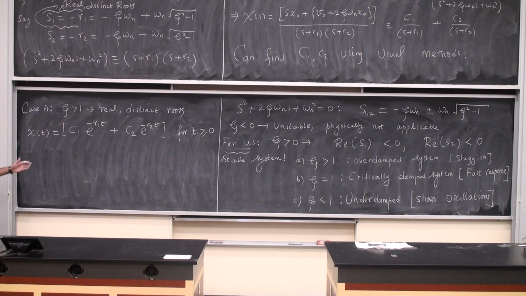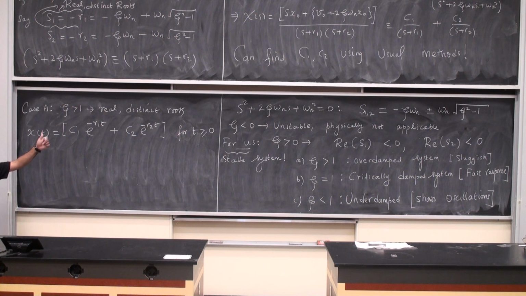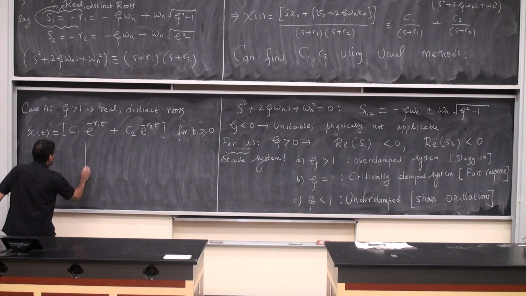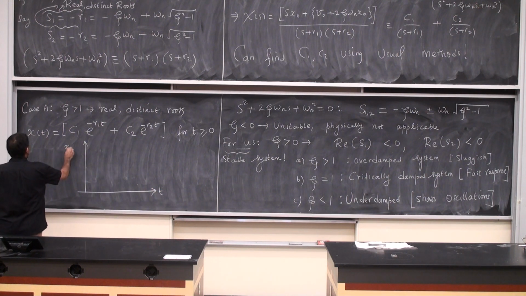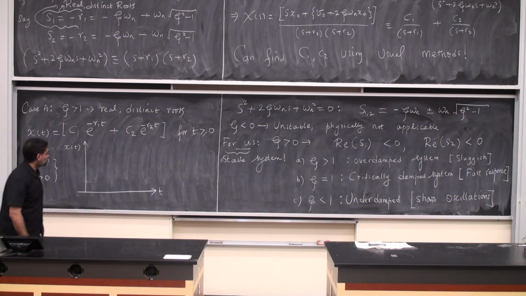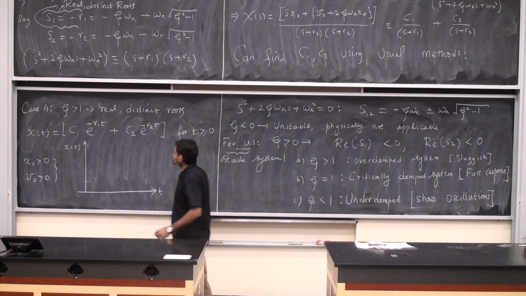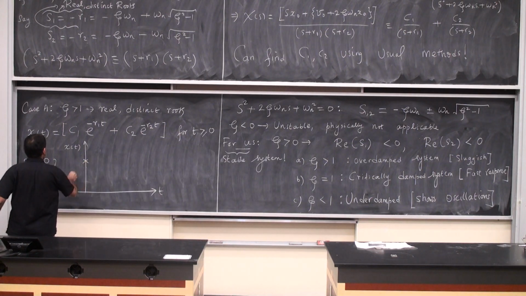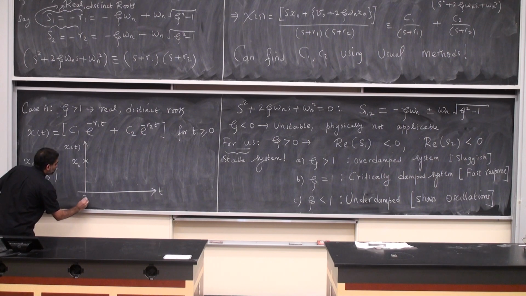Alright, system response is fairly easy to plot. It's just going to be an exponential decay because it's a stable system. Okay? So x of t versus time. Let me assume positive initial conditions. X naught greater than 0, V naught greater than 0. So I start at a positive value. Time t is equal to 0.